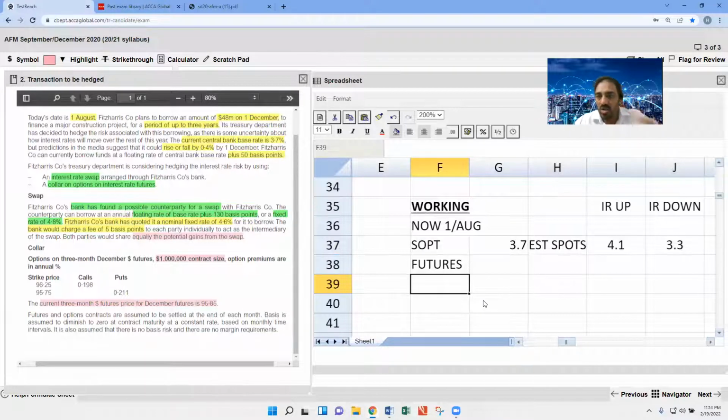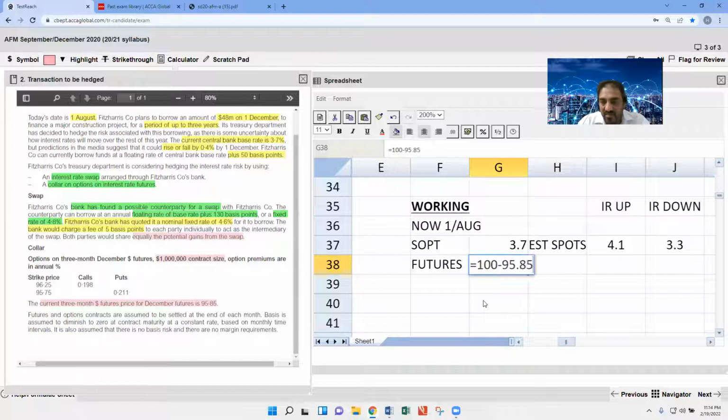I've already told you that with respect to options, we are working with percentages, not the commodity. So 100 minus 95.85 is 4.15.